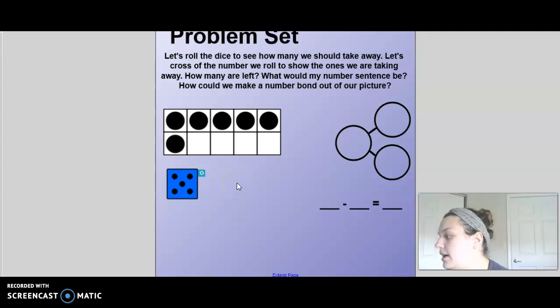I am so glad you're back. Okay. So, we have our whole, which is 6. I'm going to do my number bond first. Minus how many I took away. 1, 2, 3, 4, 5. So I'm going to cross out 5.